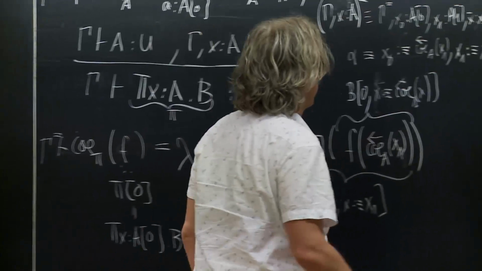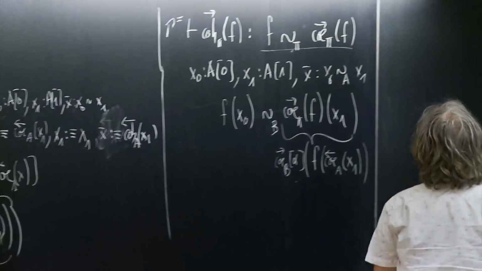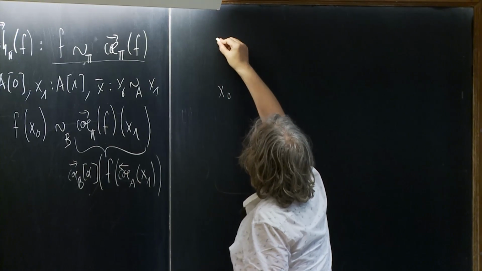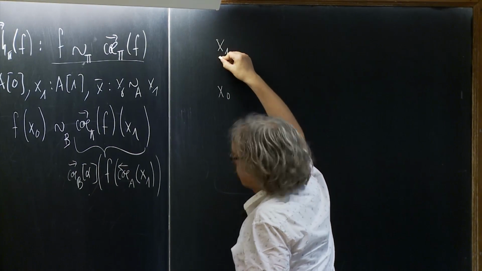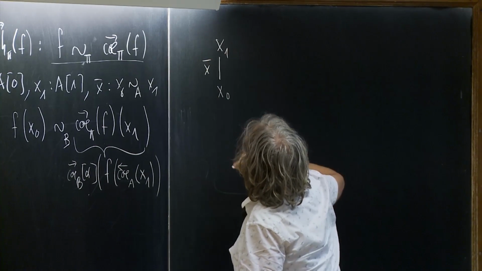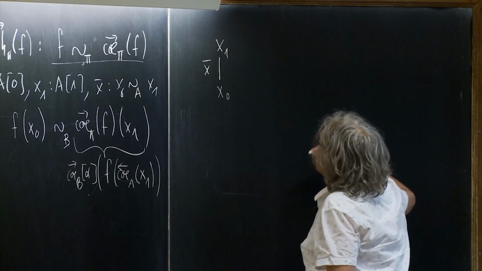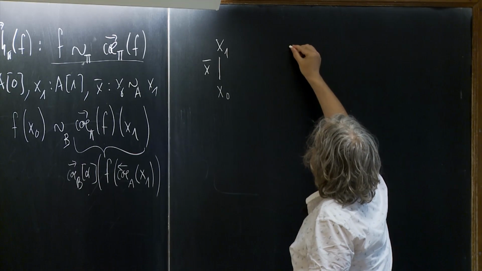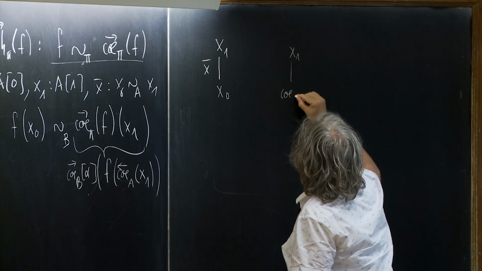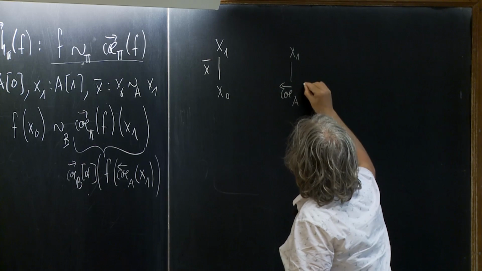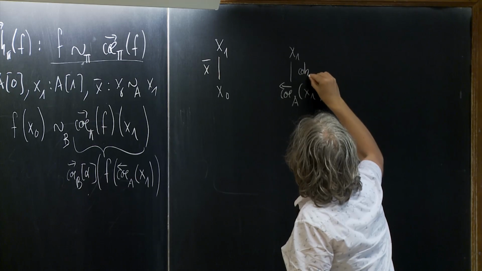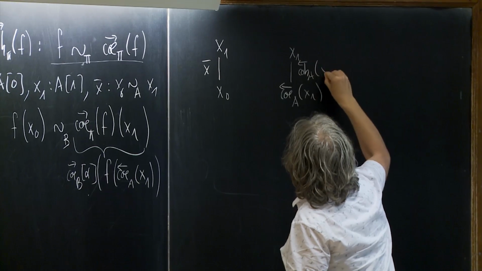So how do I do this? First of all, I have x0 and x1 here. And x bar proves that they are equal. And on the other side, I have x1 and coe A this way of x1, which is proved equal by coherence A this way of x1.